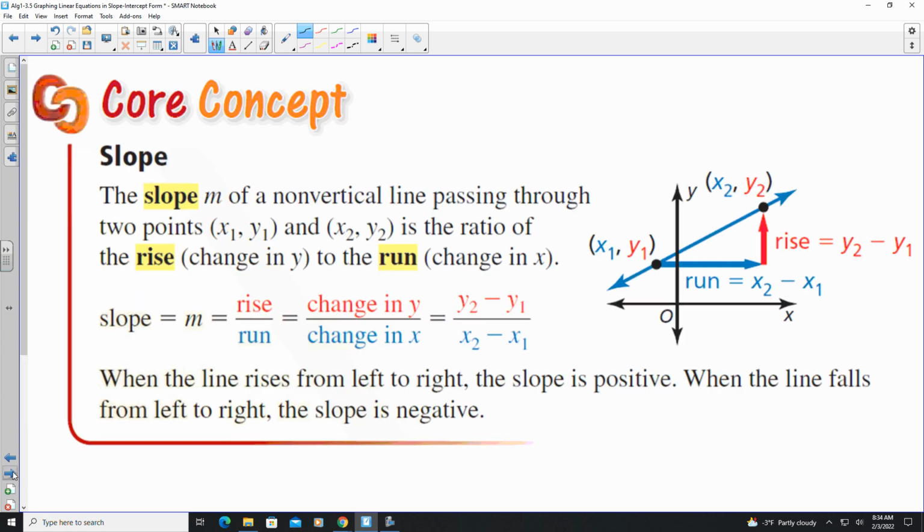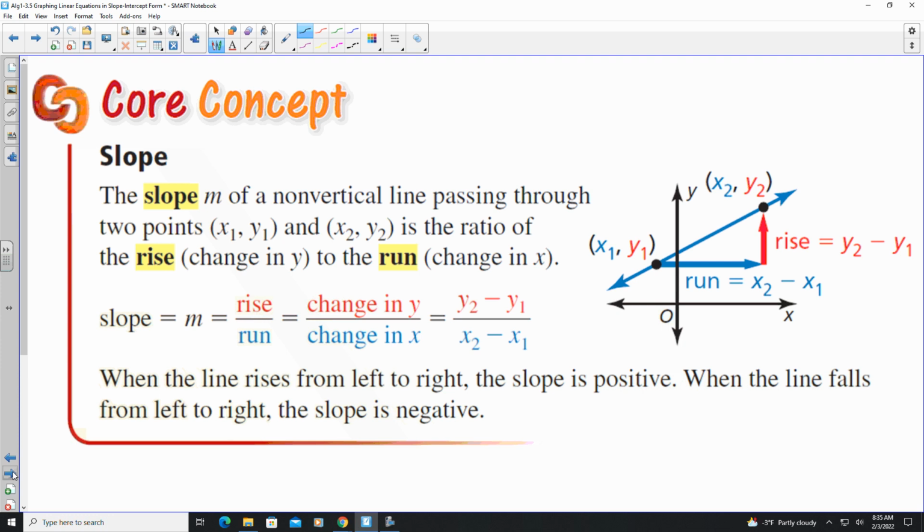So for starters, let's take a look at the slope. The value of m with respect to y is equal to mx plus b. Slope is the change in how the line is graphed, whether it's a positive line slope or a negative line slope. Here is how we can determine what that value is going to be for the slope of a particular line.